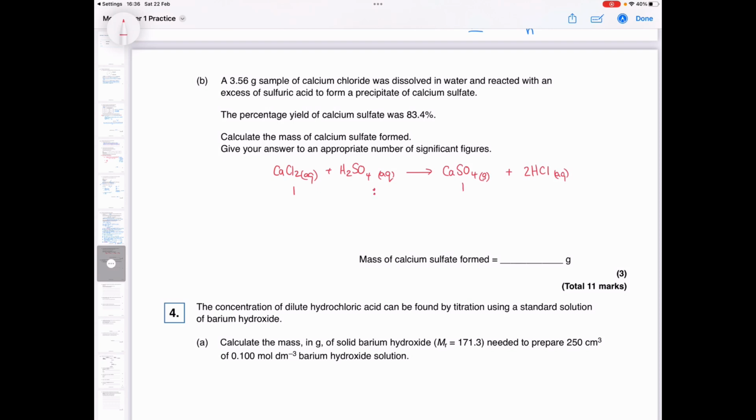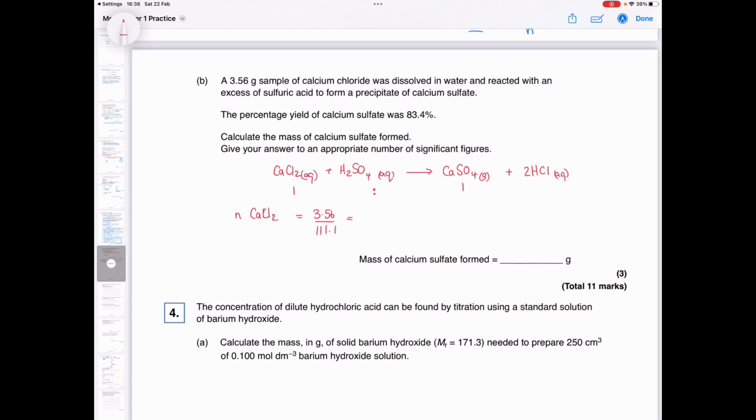So we've got a 1:1 mole ratio of calcium chloride to calcium sulfate. So the number of moles of calcium chloride is equal to 3.56 divided by the MR of calcium chloride, which is 111.1.